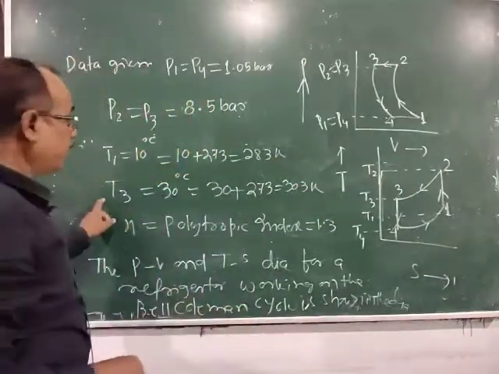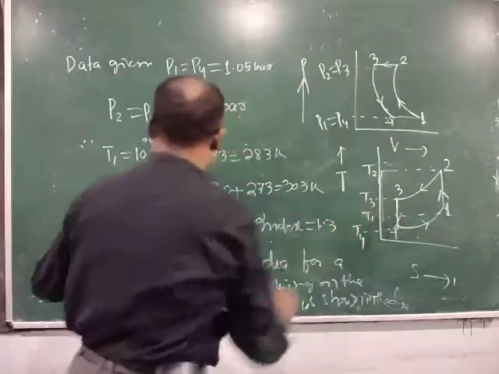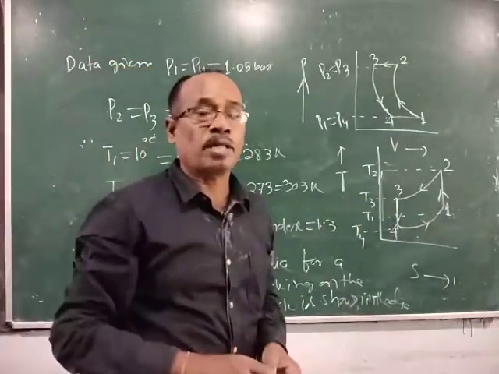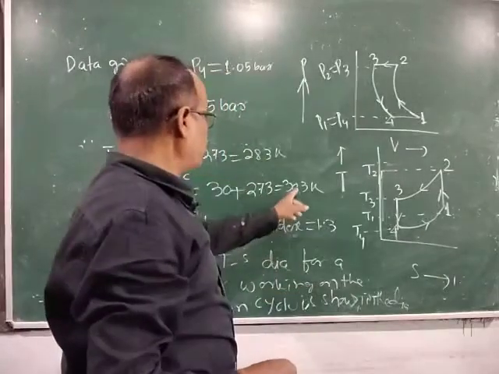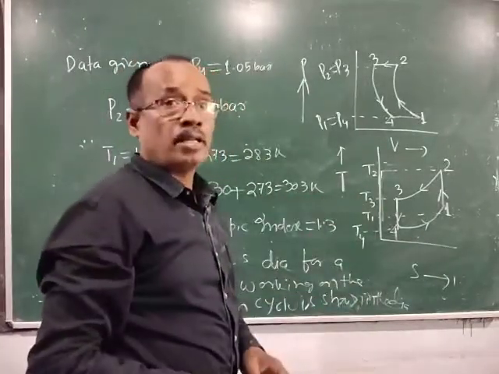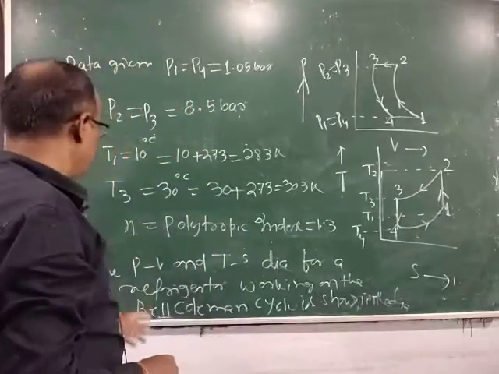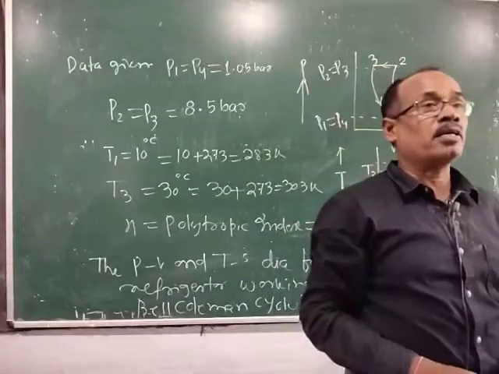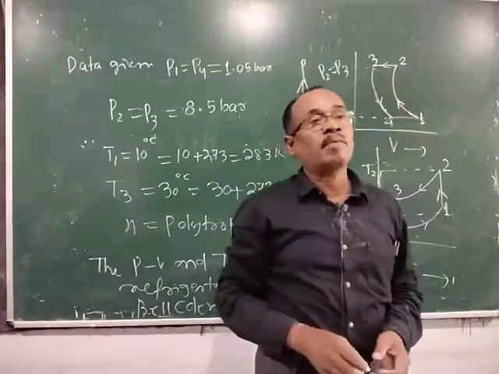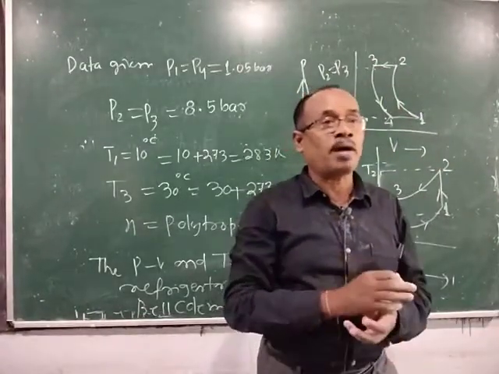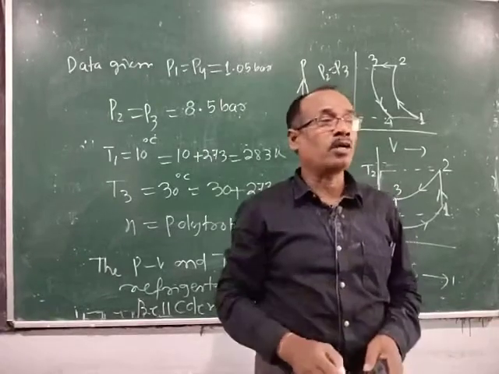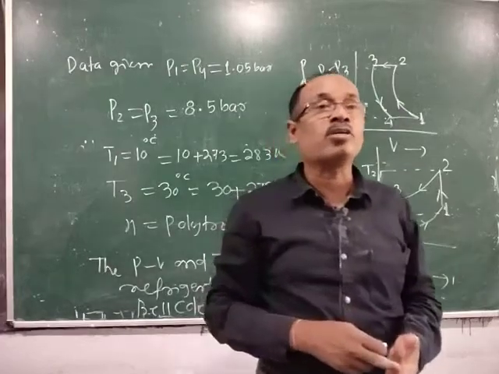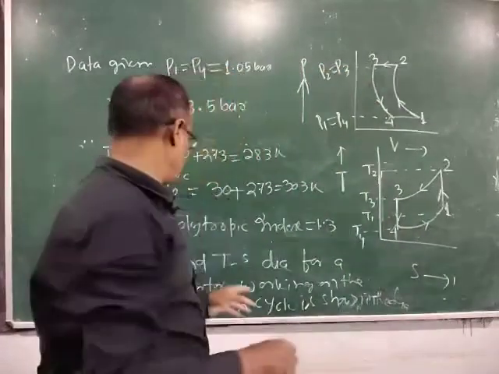Then T3 is equal to 30 degree centigrade is equal to 30 plus 273 is equal to 303 Kelvin. N is equal to polytropic index is equal to 1.3. You know that adiabatic index gamma is equal to 1.4, but it is less than 1.4. Therefore, N is equal to 1.3 given.